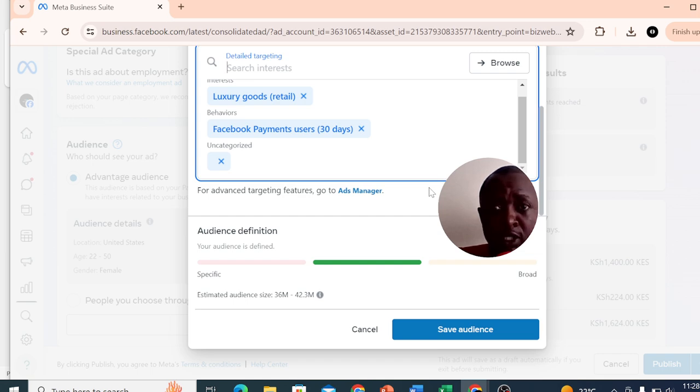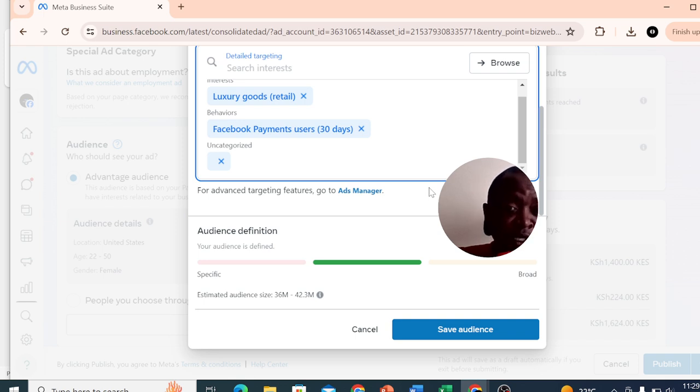Then, if you target people who are looking for luxury, these are rich people who are buying luxury stuff like cars, people who are traveling the world. These people have money. You cannot travel the world if you don't have money. People who are using Facebook as a mode of payment and they have done it in the last 30 or 90 days, those are also rich people.